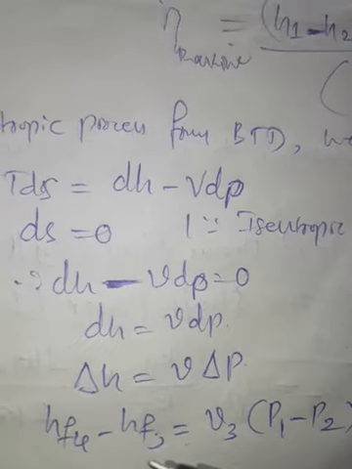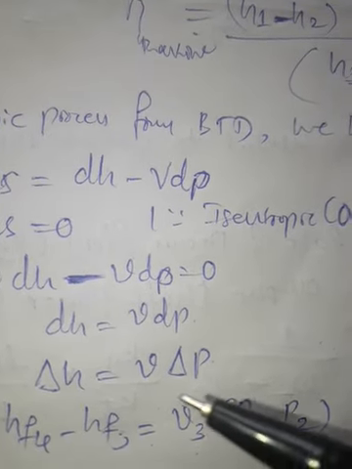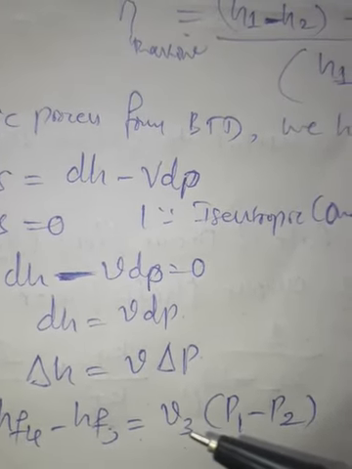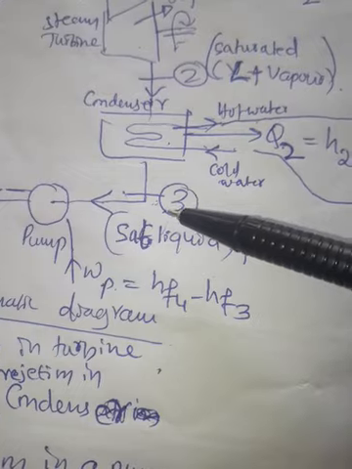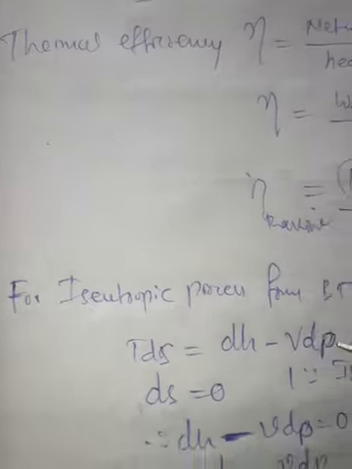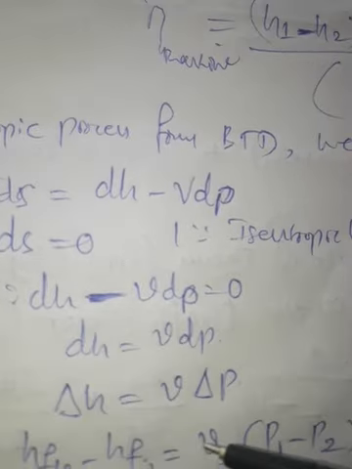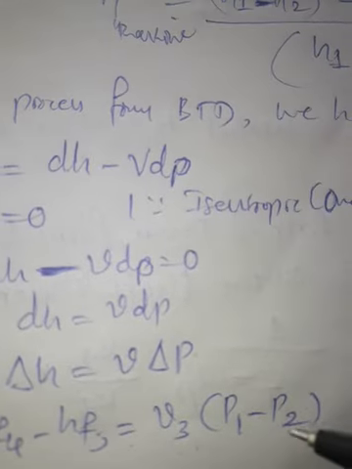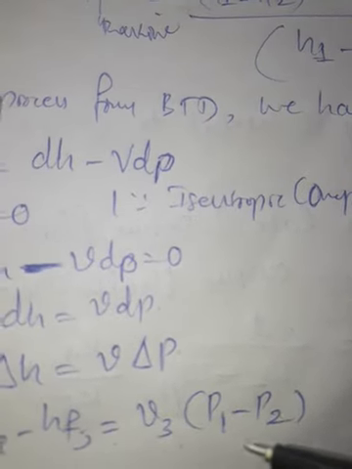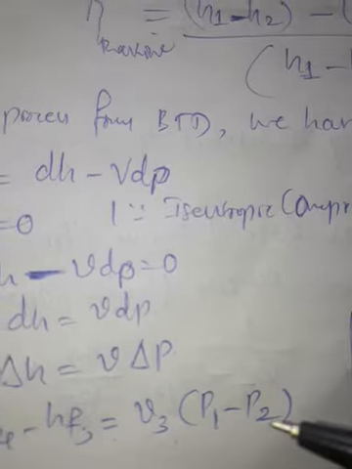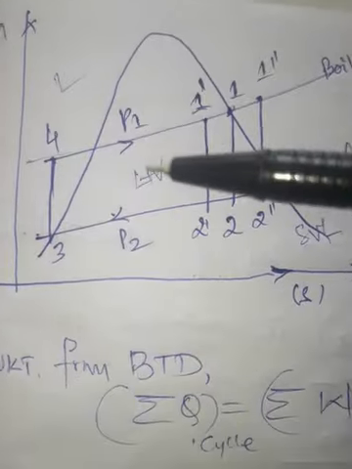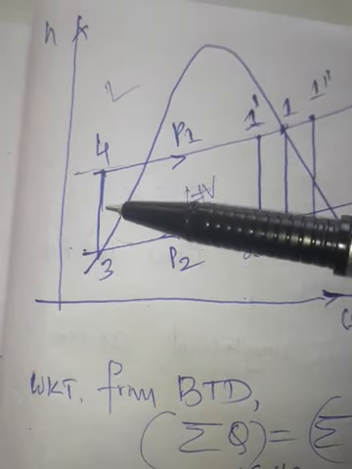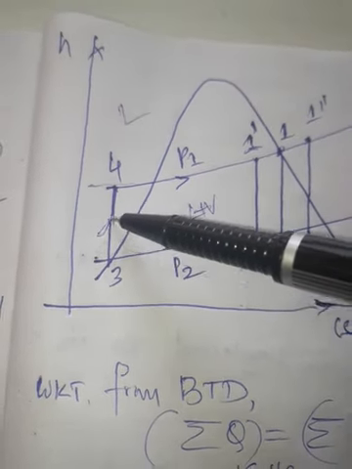It is equal to the specific volume at the inlet of the pump, state 3, which will be V3, times change in pressure across the pump. So pumping process is the 3 to 4 process. From the HS diagram it will be very clear for us to understand.